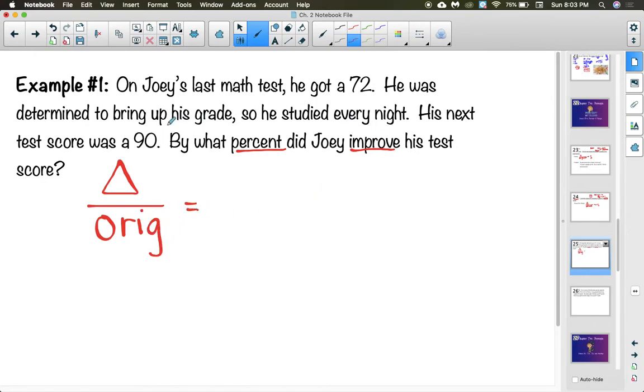So the formula is delta over the original. And that just means that we have to take 90 minus 72 and figure out what the difference is. So 90 minus 72 is 18. And then we want to take that 18 and divide it by the original test score. So his original test score was the first one he took, 72. Okay, so there's our ratio.